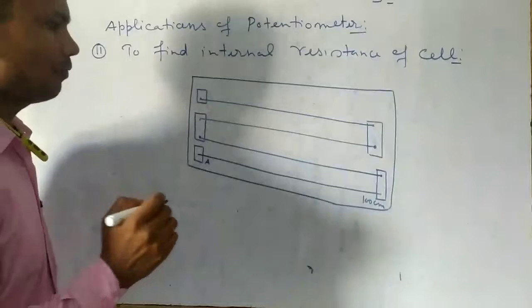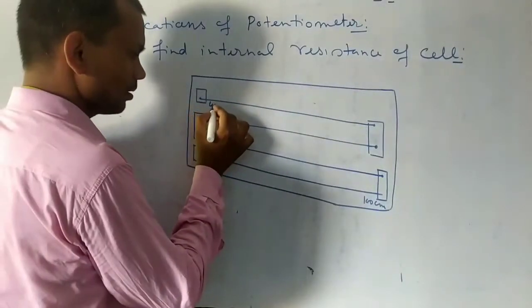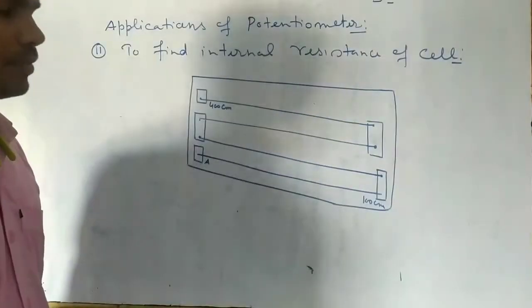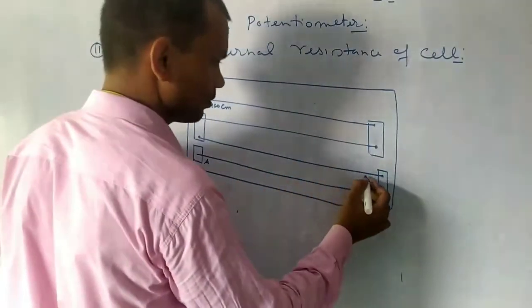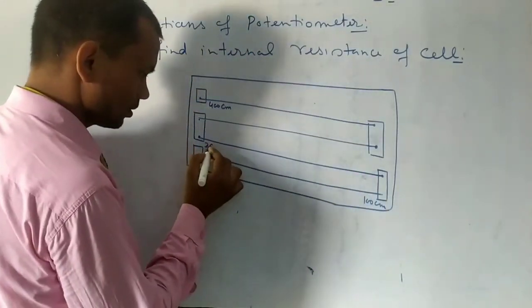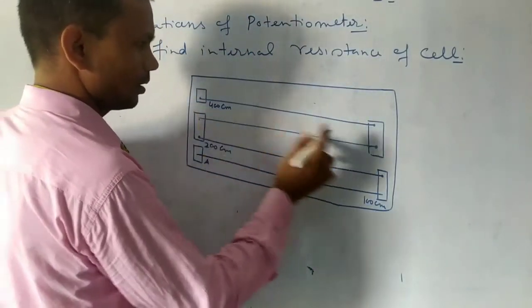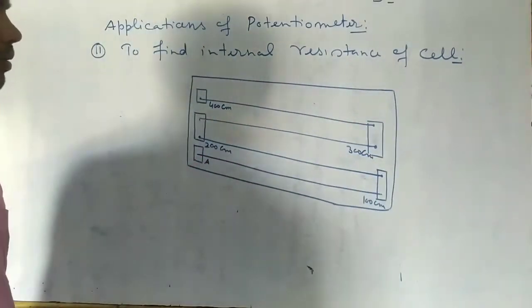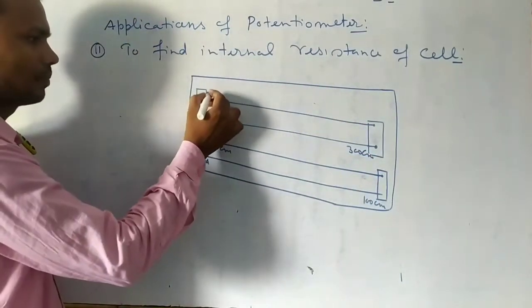So we are going to use a 400 centimeter, or 4 meter, potentiometer. From this point to this point is 200 centimeter, and then this is 300 centimeter. And suppose this is point B.